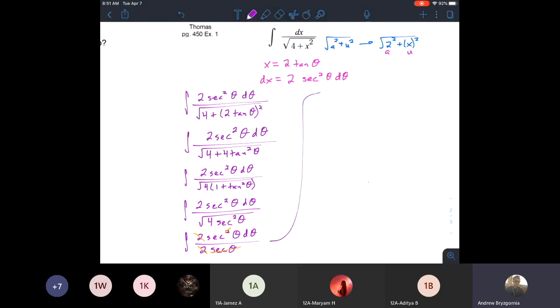So we will end up getting an integral that is just secant of theta.